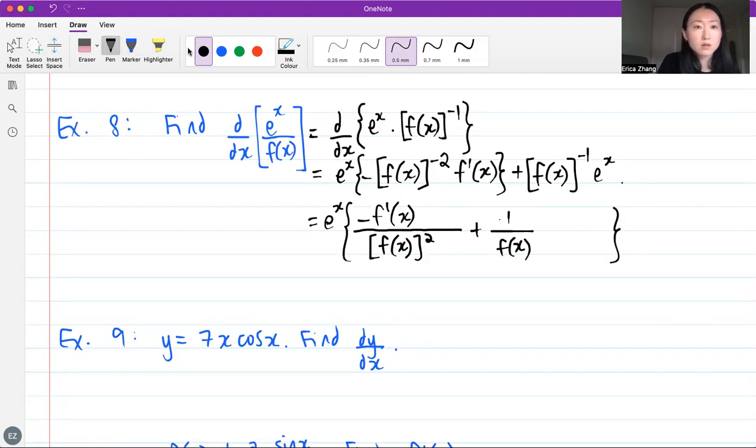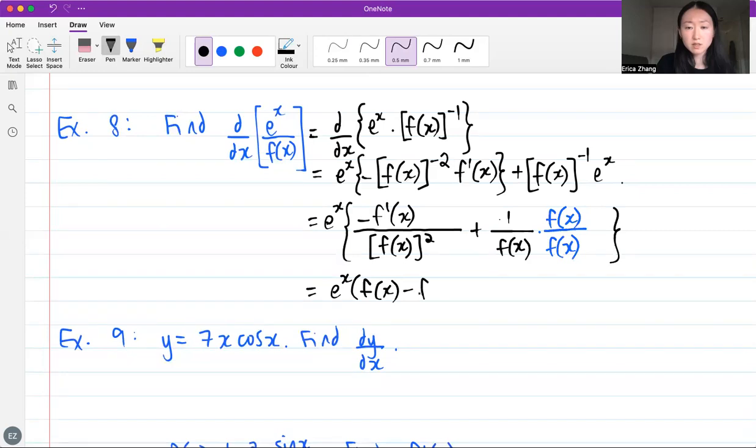Now, to obtain a common denominator, let's multiply this expression on the right by f of x over f of x. Okay, and this will allow us to write our function as e to the x times f of x minus f prime of x all over f of x squared.